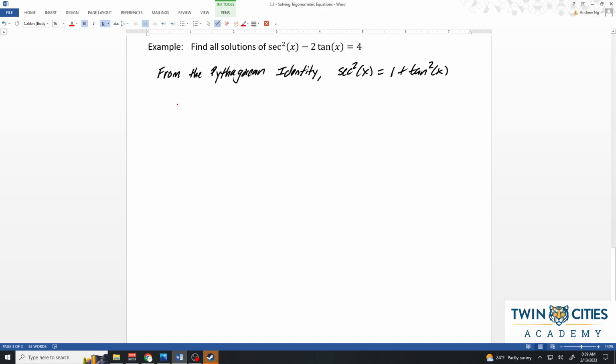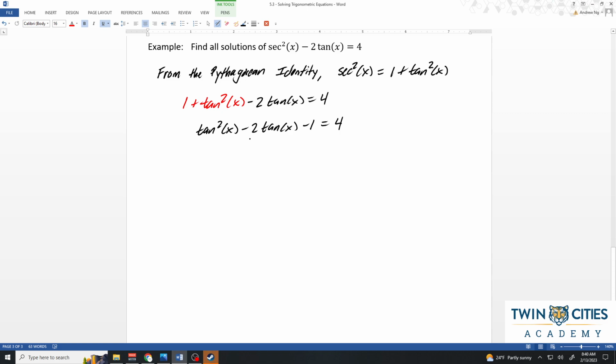So let's replace that over here. 1 plus tangent squared of x. I still have minus 2 tangent of x equals 4. All right, let's clean this up. Let's reorder this a little bit. Let's just do tangent squared of x minus 2 tangent of x minus 1 equals 4.